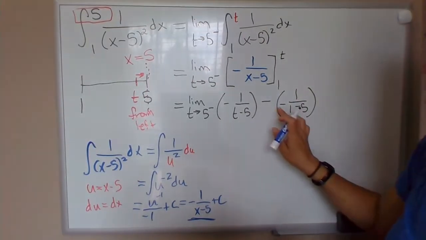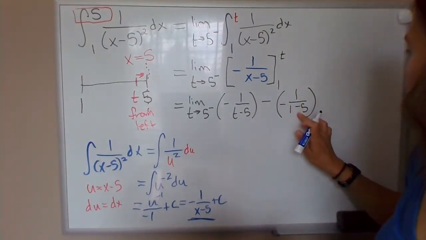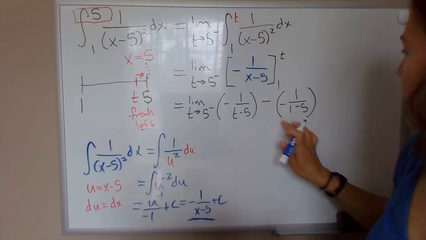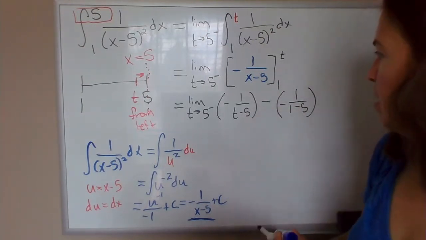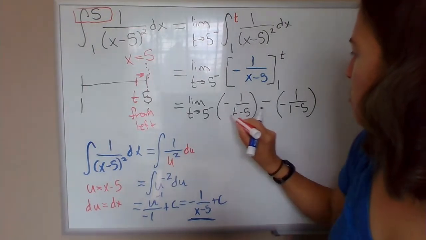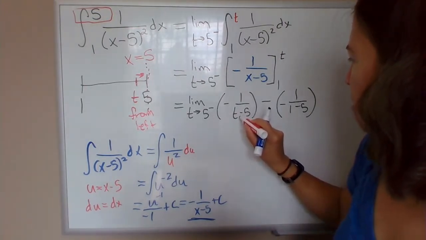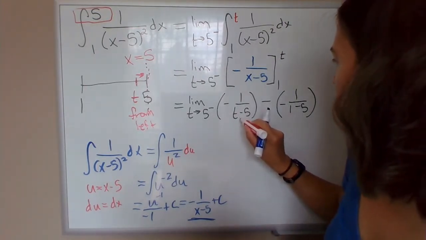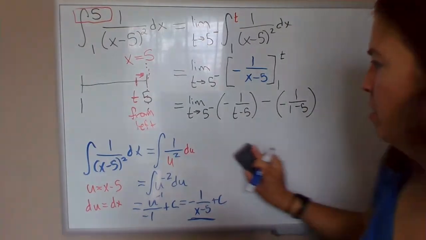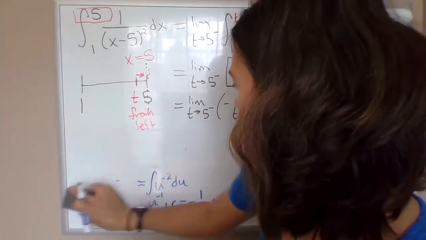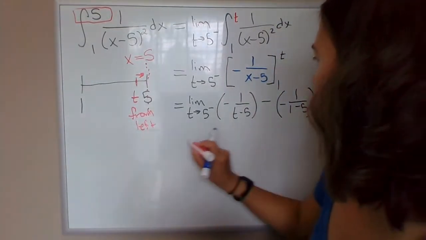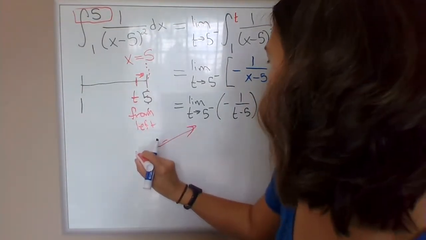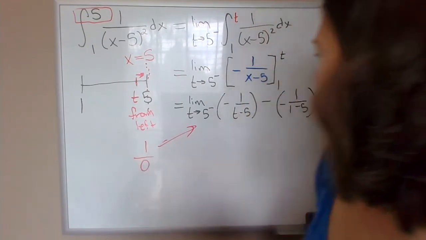Okay, and then we could go ahead and evaluate. So this is 1 over negative 4. Got a lot of negatives here. Actually, maybe I'll work through the details of that in a minute. So as t approaches 5 from the left, this thing right here has the form 1 over 0, for sure.